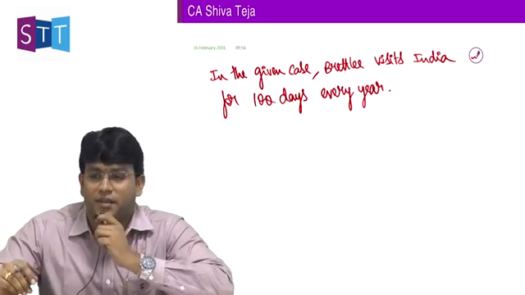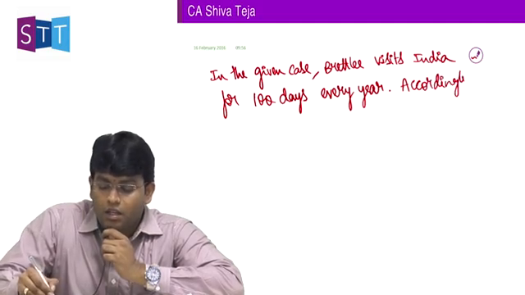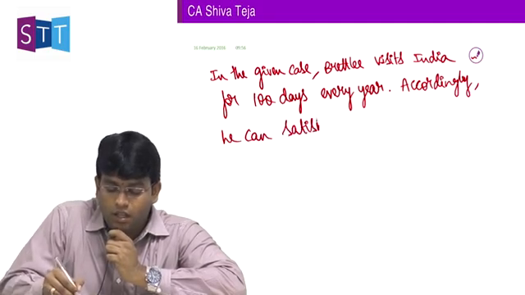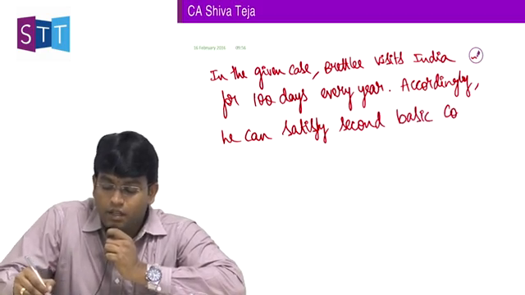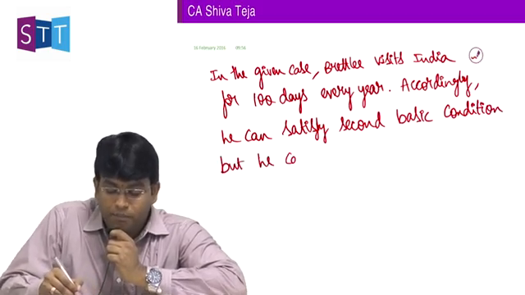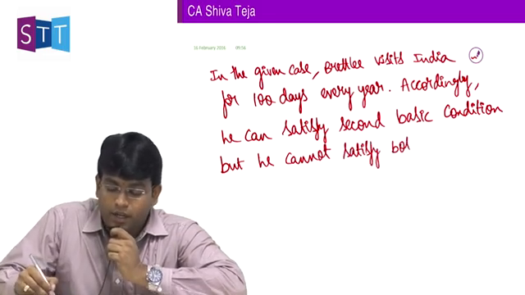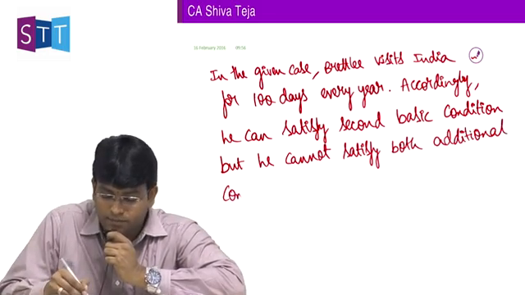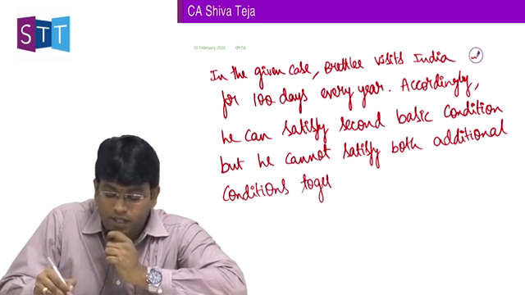Accordingly, he can satisfy second basic condition, but he cannot satisfy both additional conditions together.